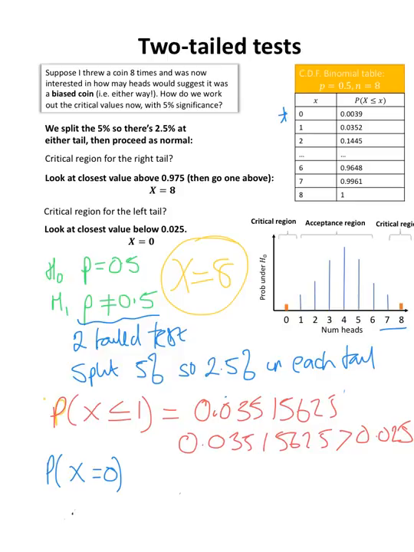So I'm going to put 0, n is 8, p equals 0.5, and my probability is 0.00390625. And you can look at the symmetry of the graphs here, and you'd probably be able to work that out anyway.